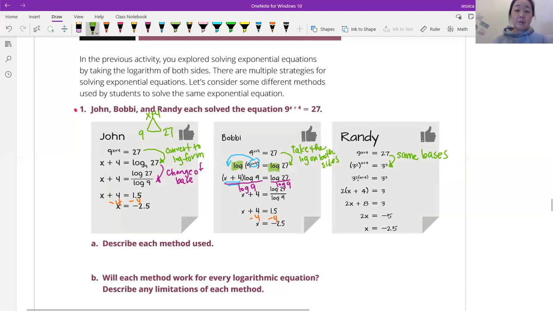So it's 3 to the 2 times x plus 4, and that better equal 3, right? They have to equal 3. So that's what this is right here. So they're just looking at the exponents.